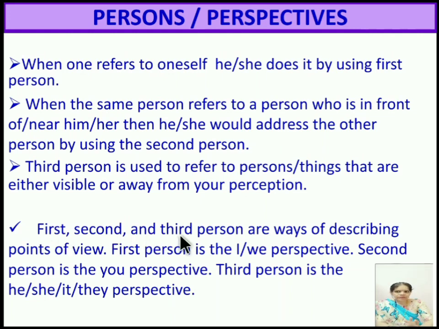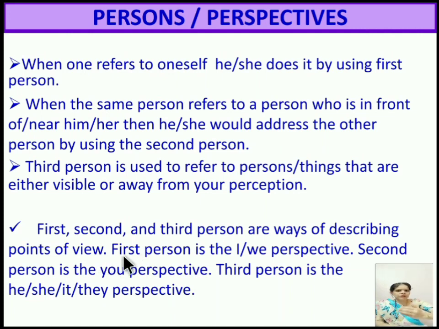First, second and third persons are ways of describing the point of view. When we are communicating, when we are talking, passing on our idea or thought through vocal cords, voicing it out, we are using a language, and for that language we are using a perspective. That perspective is considered as the first person.